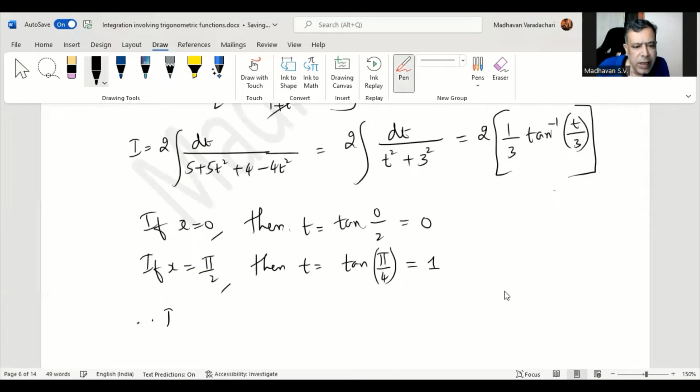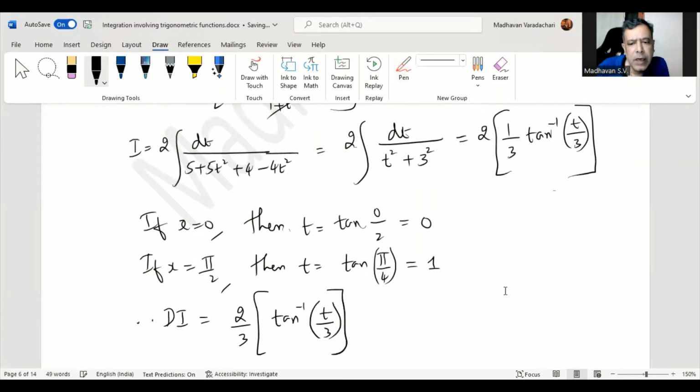Therefore, we can rewrite the definite integral as 2 by 3 times tan inverse of t by 3, with the limiting values ranging from 0 to 1.